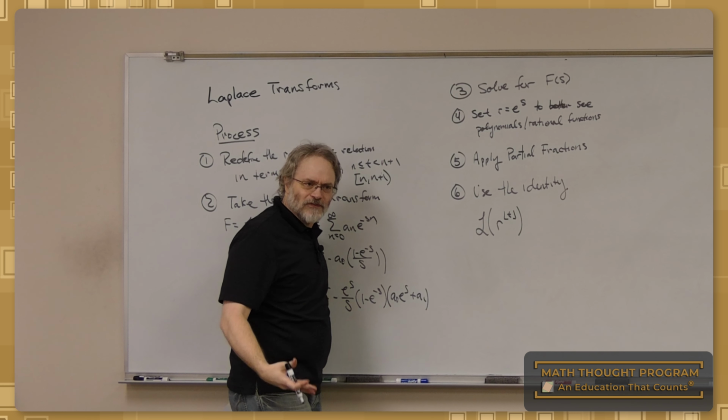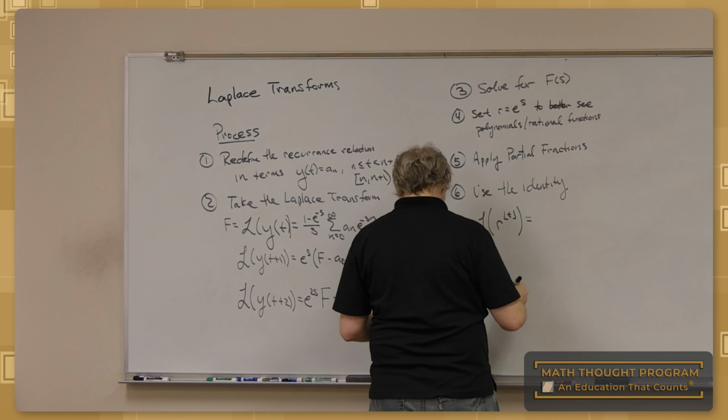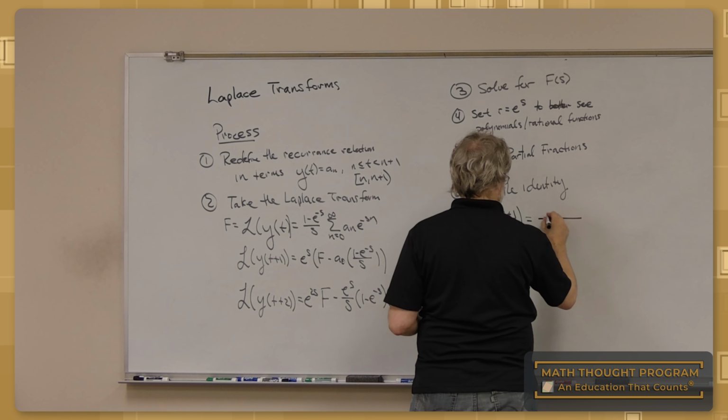But again, just remember how we're defining it. We're taking t between n and n plus 1, not including n plus 1, so we really are rounding down. And going through the whole entire process, you will get this identity.